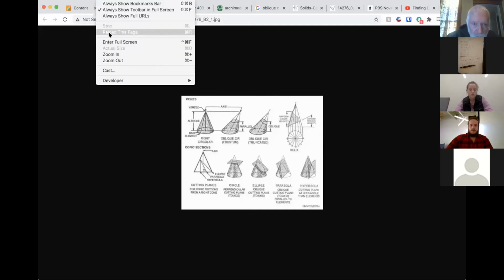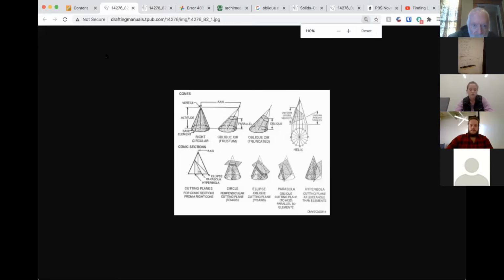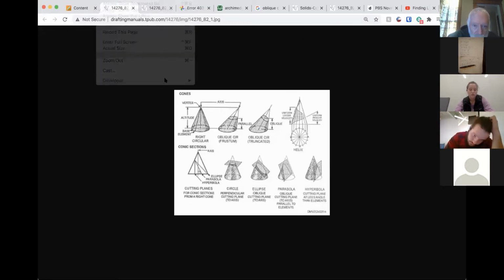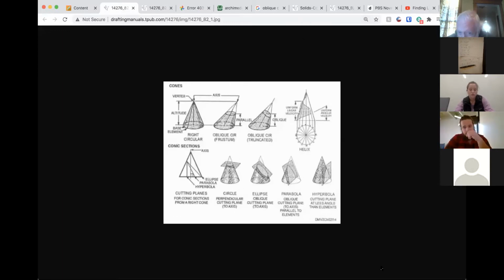Are you seeing a bunch of cones? Yes. Yeah. And you see the ones that are oblique, that aren't straight up and down?